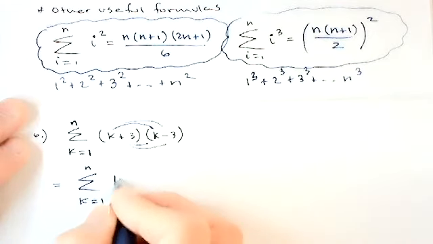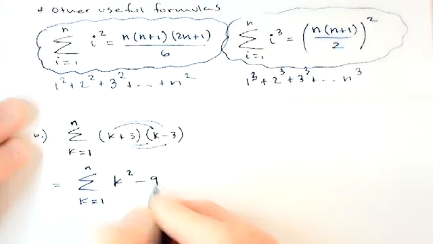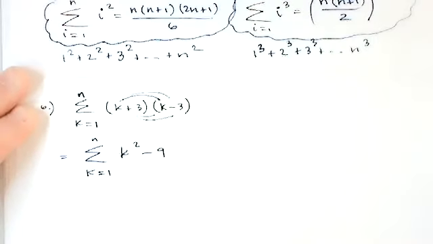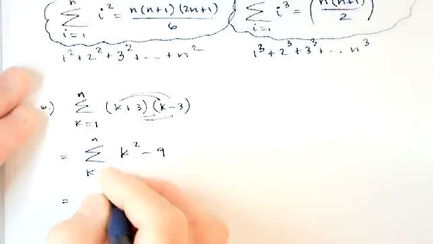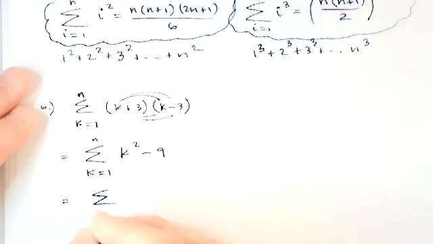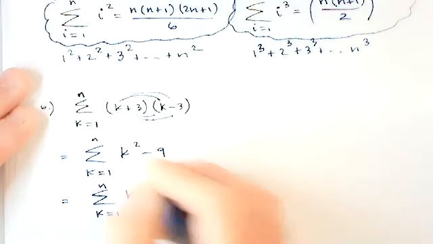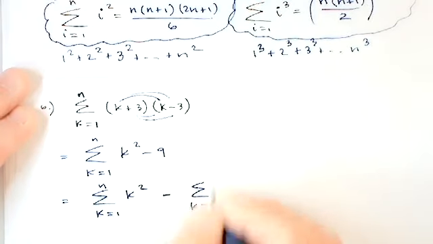Because that's going to be k squared minus 9. And then split this up using one of our properties, minus the summation. You can take the minus out.